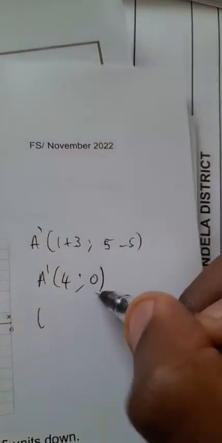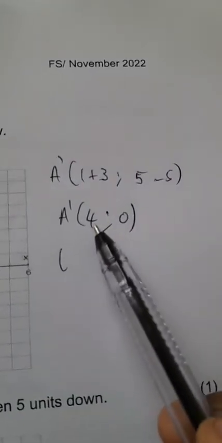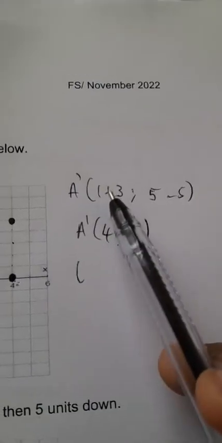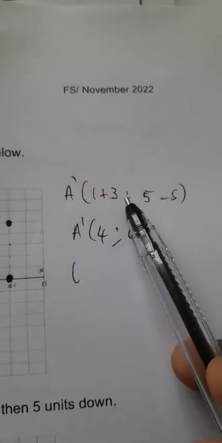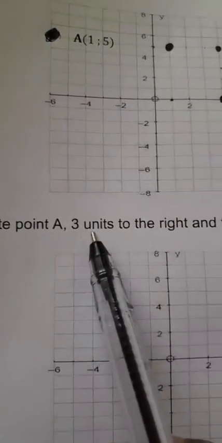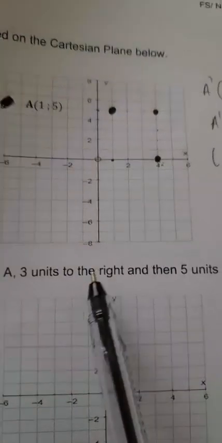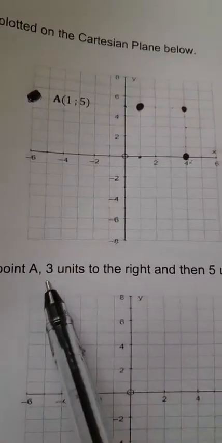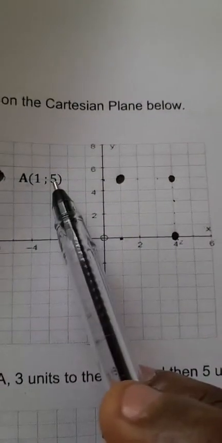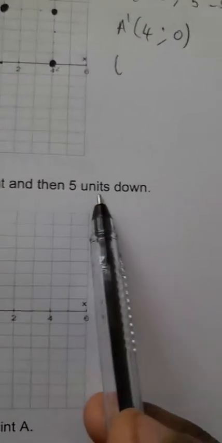What do we then get? (4,0) is the image we get when we add 3, because we moved 3 units to the right, and we know to the right affects x. So we are affecting x. How? To the right means we add 3. Then we are told 5 units down. What did we have?